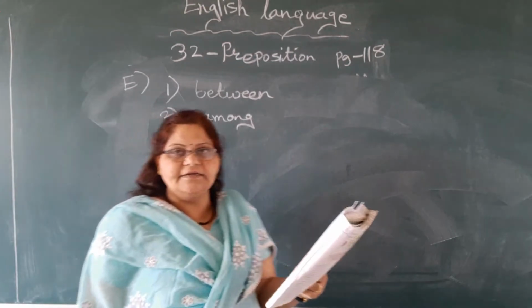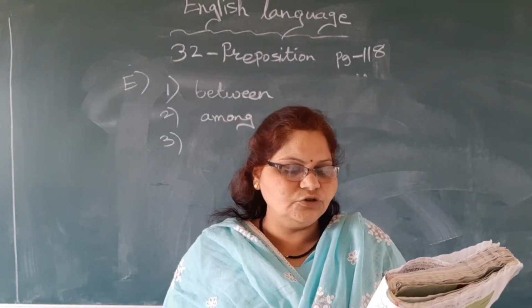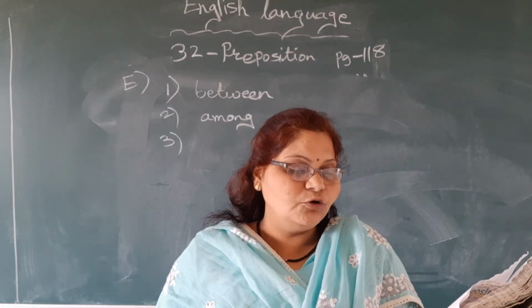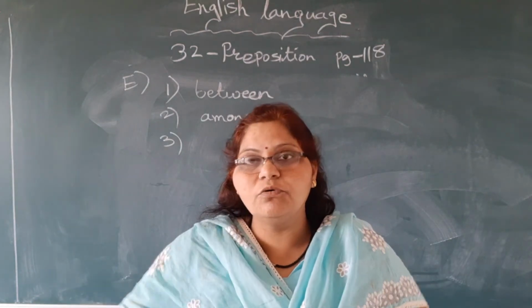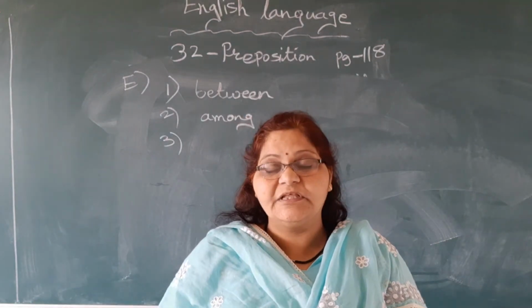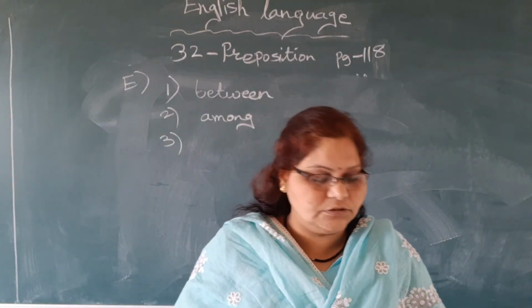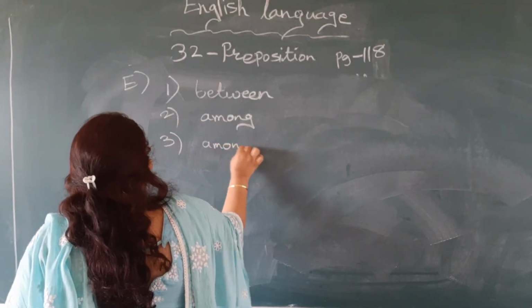Let us decide dash ourselves about what we will take to the picnic. Now we have to decide what we have to take to the picnic, said Keshav. So among all of us, we have to decide what to take along. So there are more than 2 persons. So what is the preposition? Yes, you have to write among.